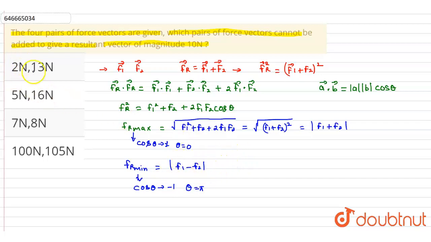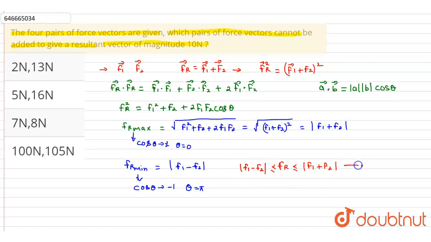Now by using this, we can write that the resultant force can vary from a maximum value mod of F1 plus F2 to a minimum value mod of F1 minus F2.